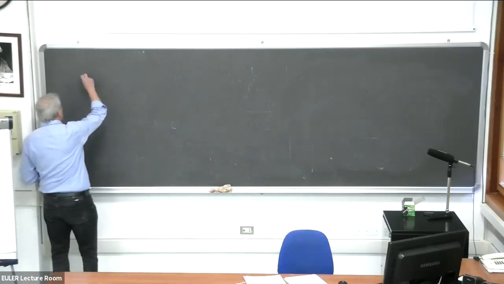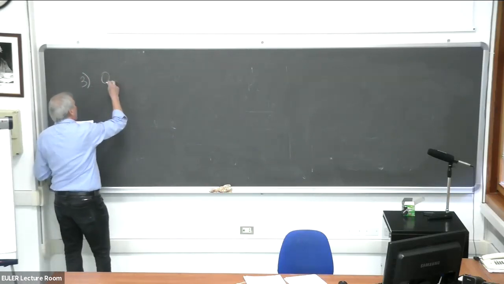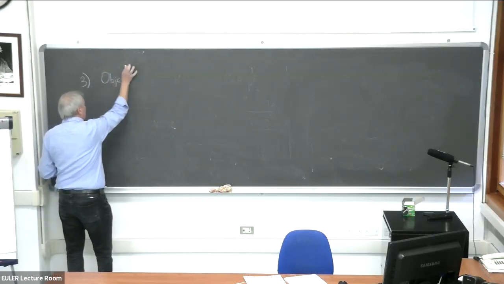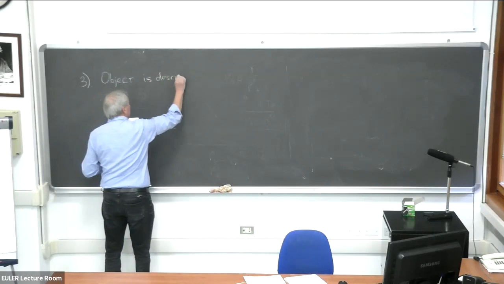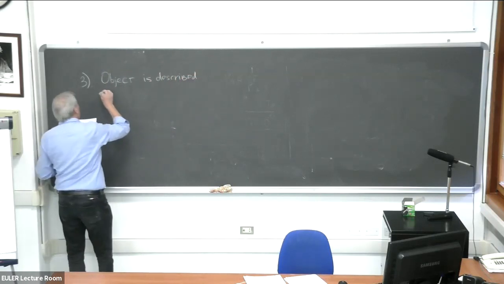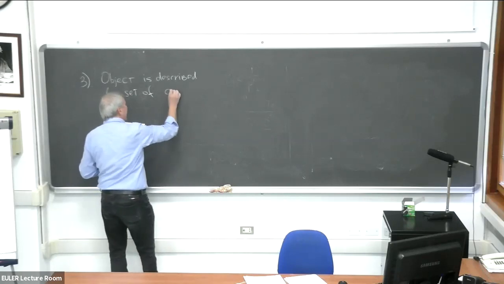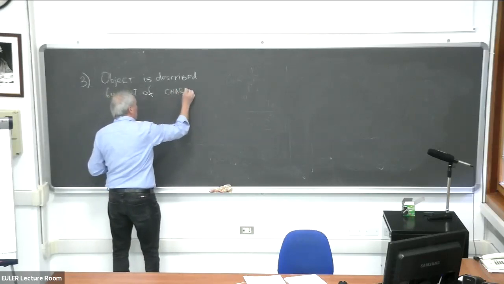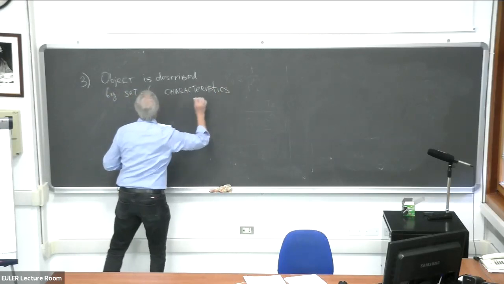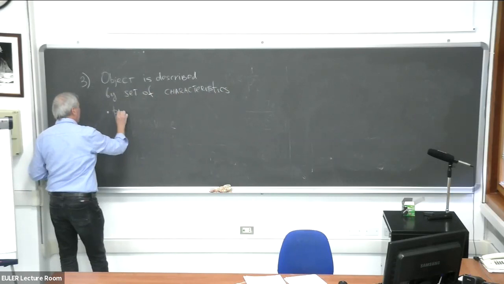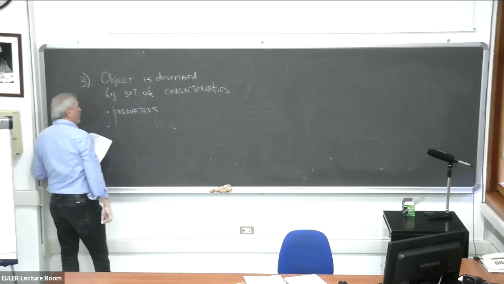Now, next in the definition is that this object, an elementary particle, is described by a set of characteristics, parameters and quantum numbers.